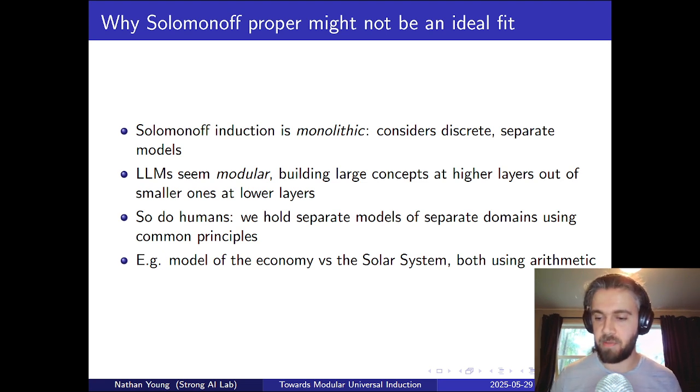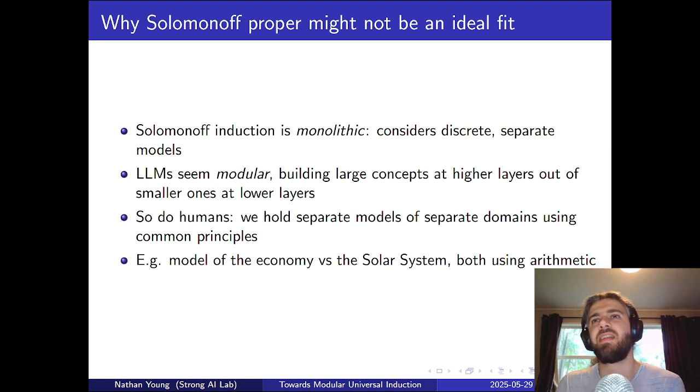But the Solomonoff inductor will not take any notice of that beyond noticing that the two hypotheses both give a relatively large posterior probability to the data that it has seen.